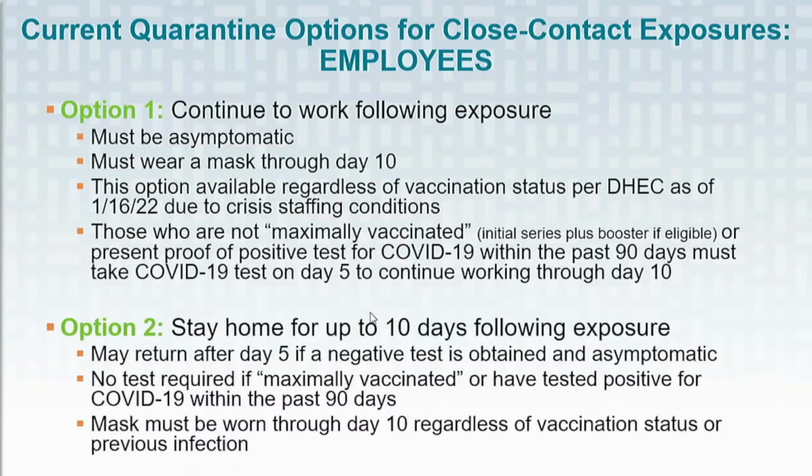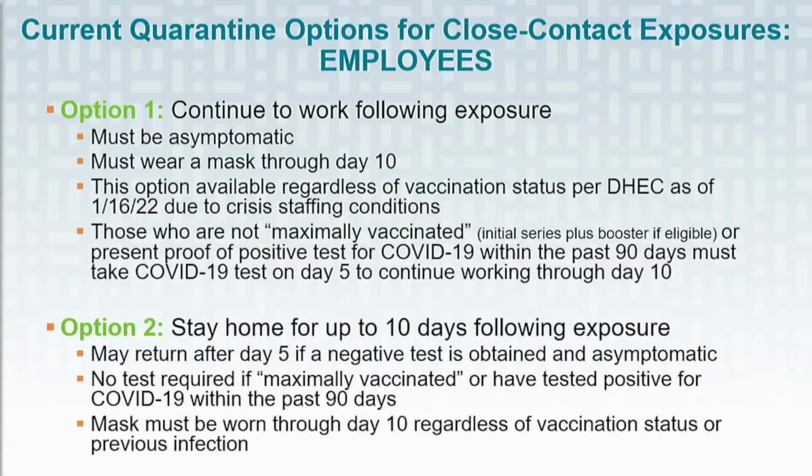Current quarantine options for close contact exposures for employees. Option 1, they continue to work following exposure. They must be asymptomatic. They must wear a mask through day 10. This option is available regardless of vaccination status per DHEC as of January the 16th of 22 due to crisis staffing conditions.